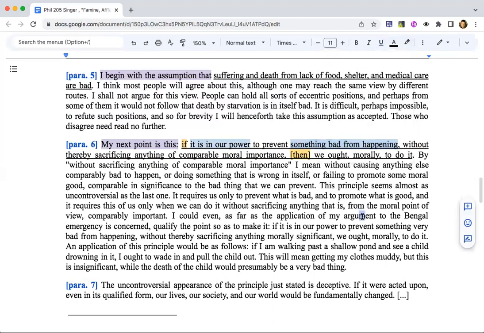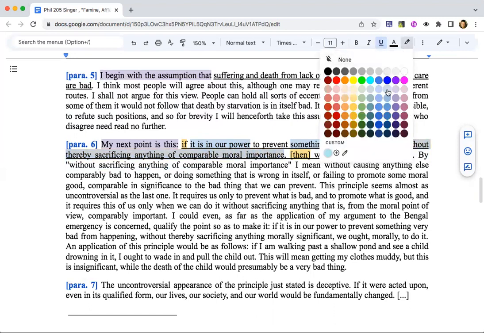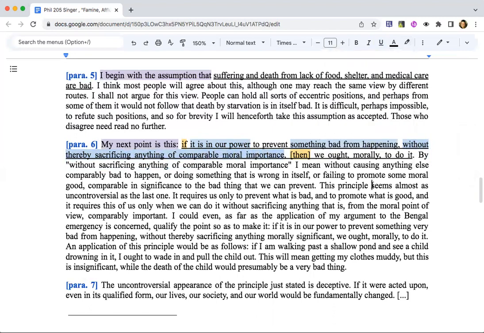So something bad is happening. It's in our power to prevent it. And we can do so without thereby sacrificing anything of comparable moral importance. When those 3 criteria are met, you ought morally to act to prevent the bad thing from happening.